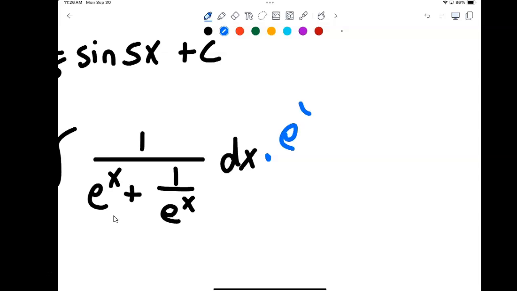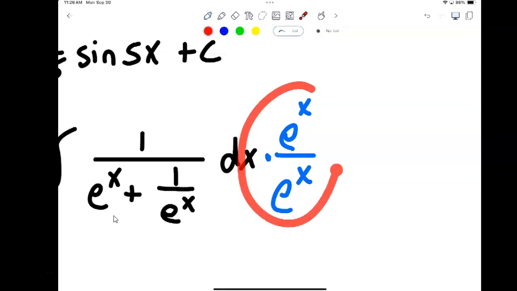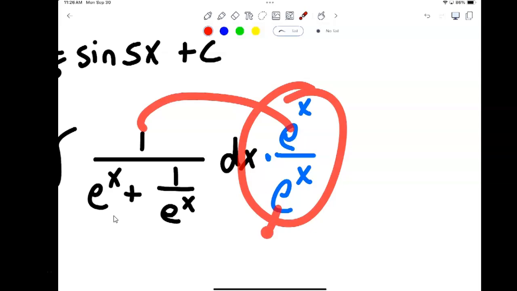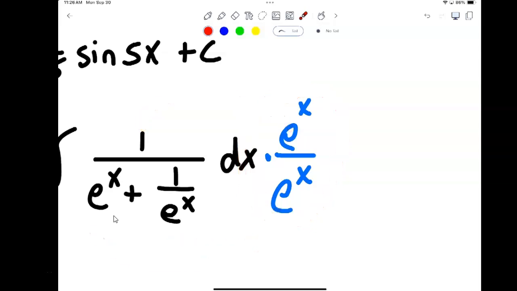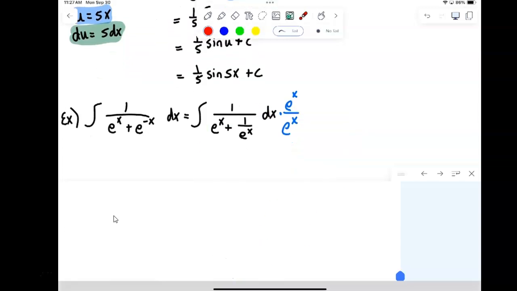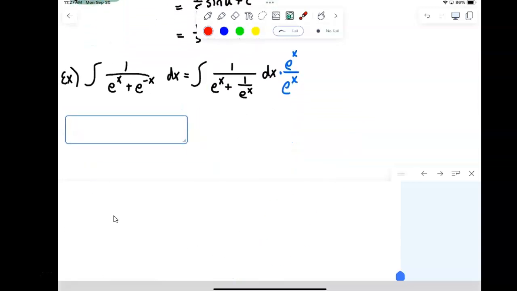So inside the integral here, I'm going to multiply basically by 1. E to the x over e to the x. I'm going to multiply by 1 across the top and across the bottom. And hopefully that will get me somewhere where we can make some progress. So that's what we're hoping for here.